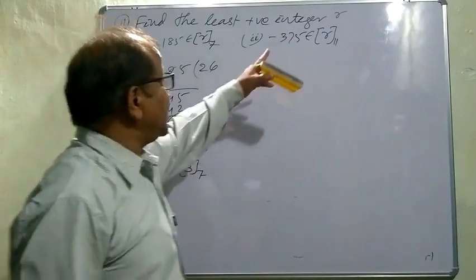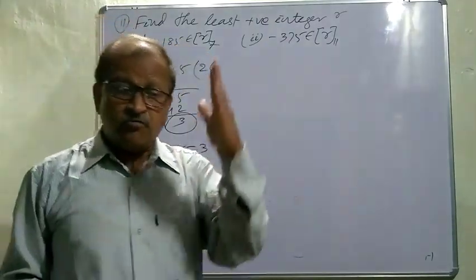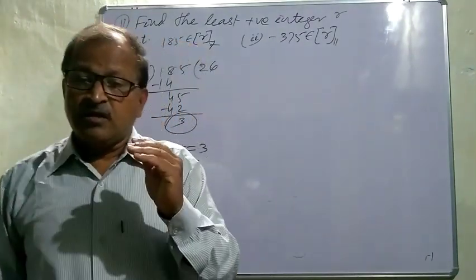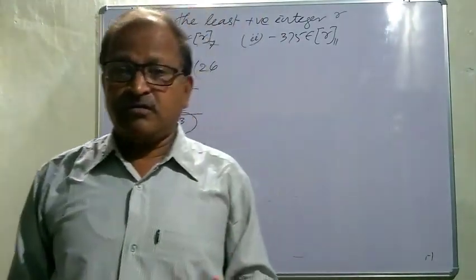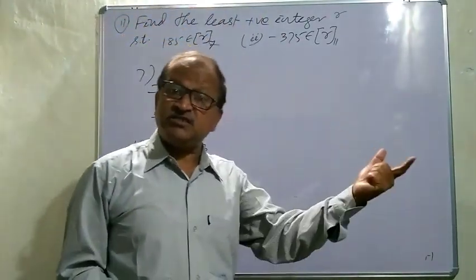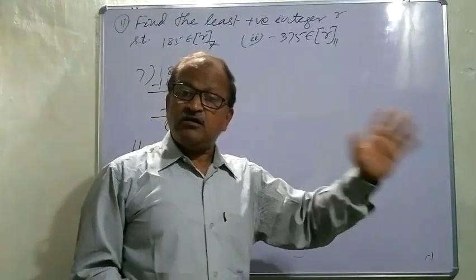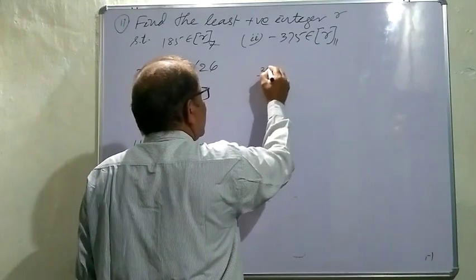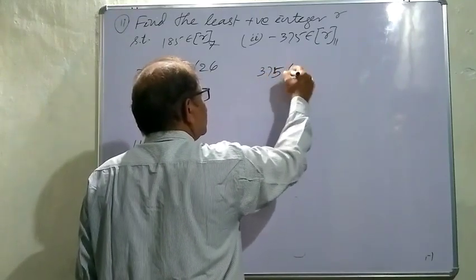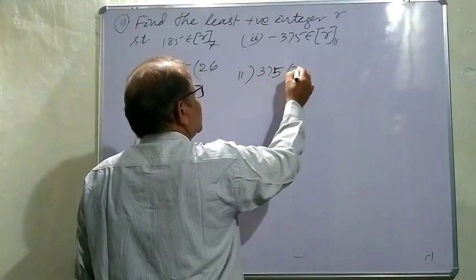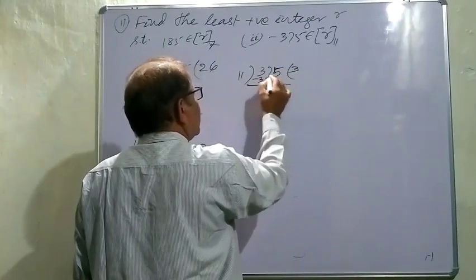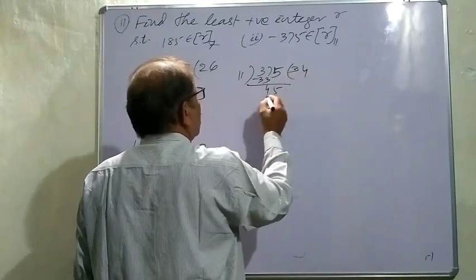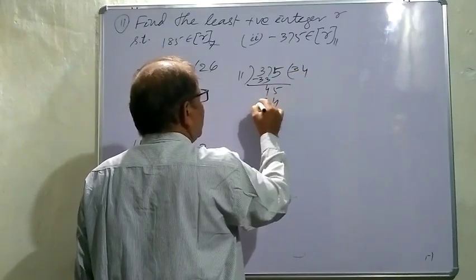It is a negative number, but the remainder, you know from the division algorithm, must be a non-negative number, and it is always less than the divisor. So here, what will happen if we divide 375 by 11? 3 times 11 is 33, minus, it is 4, 5, 4 times 11 is 44, 1.